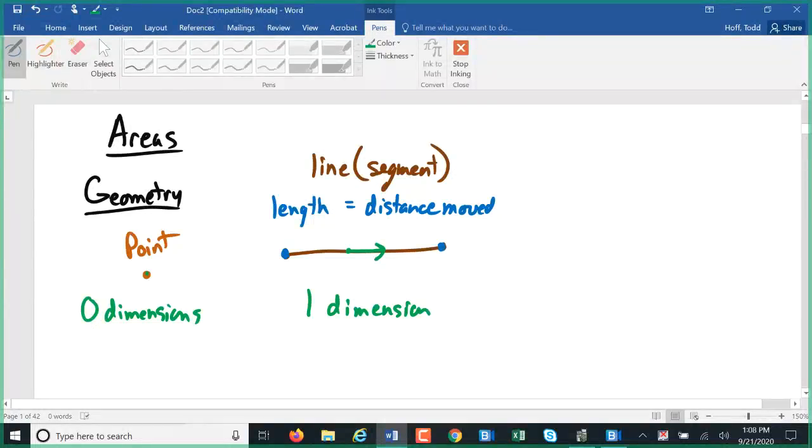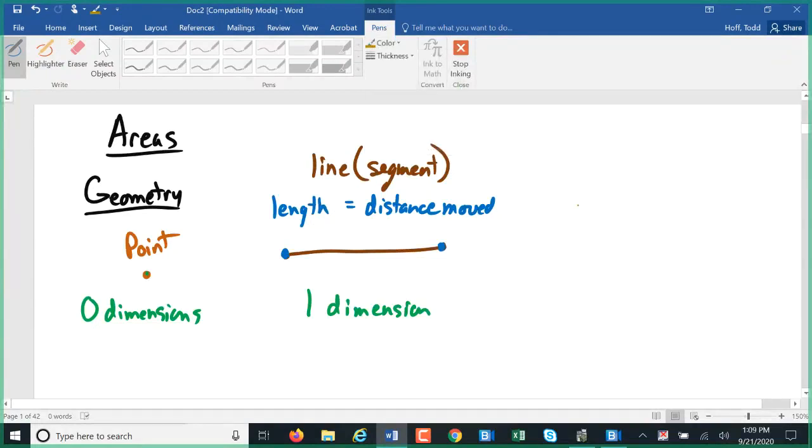Some might say, well, I can move that way or I can move the other way. That's still just 1 direction. It's just the positive and negative of a single direction. Or the other way you can think of it is that the line segment is created by moving in 1 direction, or 1 dimension, to create that line segment. The dimension itself means it can be measured in 1 direction.